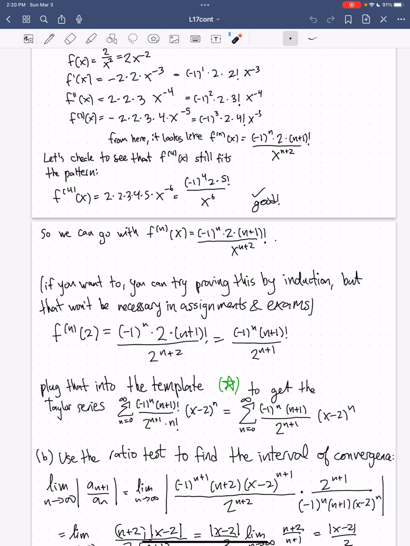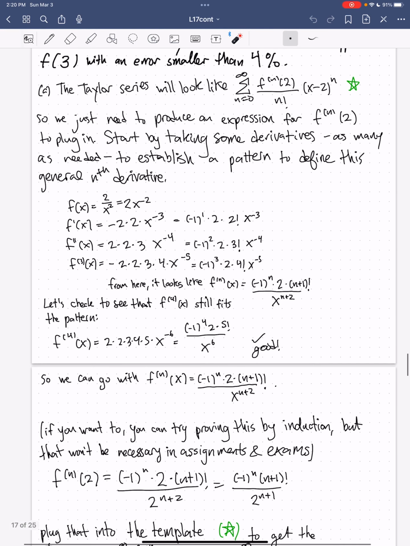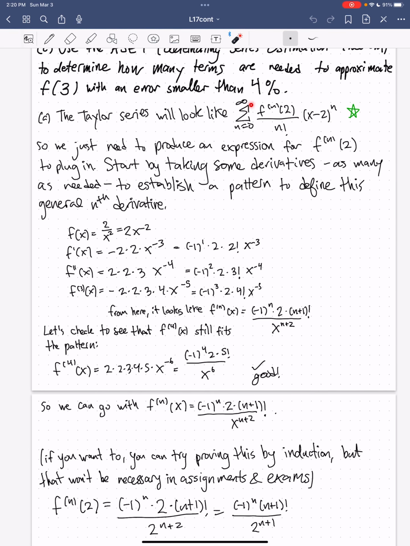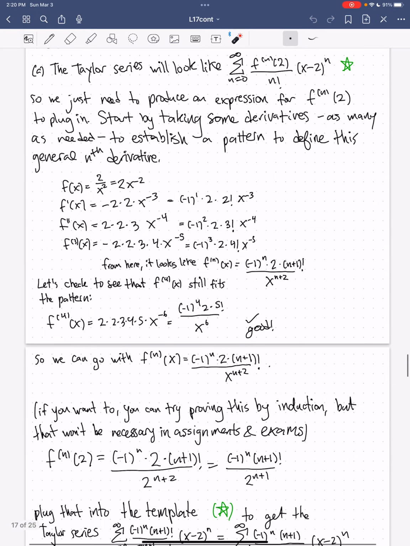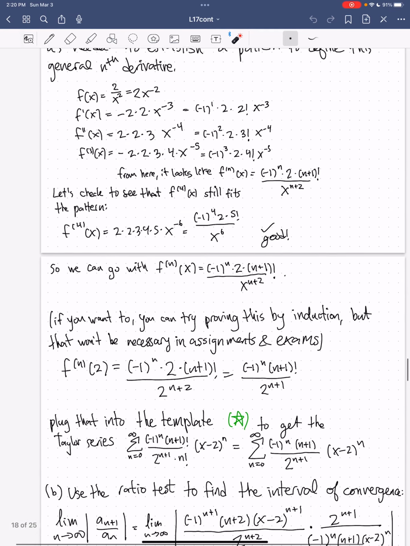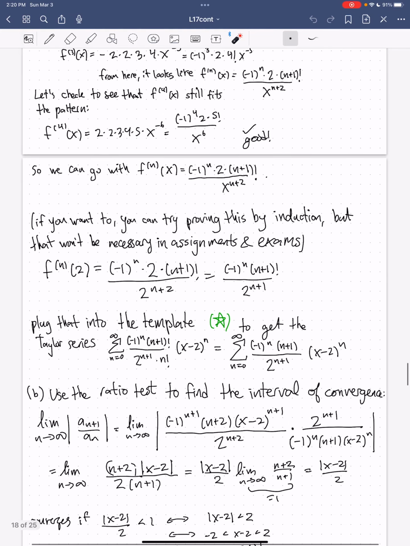We plug that into the template star above, that general formula that I wrote out, and we get that the Taylor series is this: the sum from n equals 0 to infinity of negative 1 to the n times n plus 1 over 2 to the n plus 1 times x minus 2 to the n.